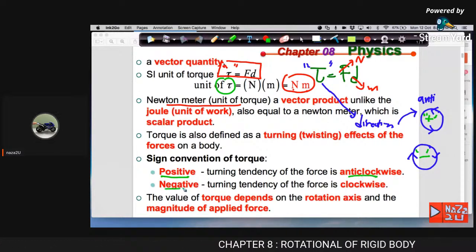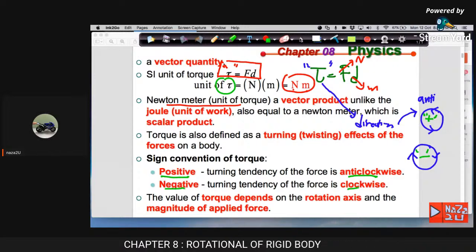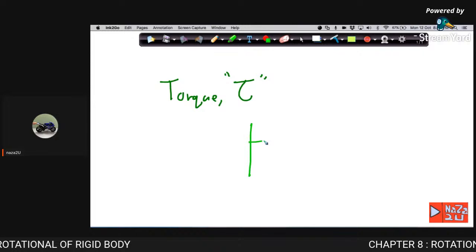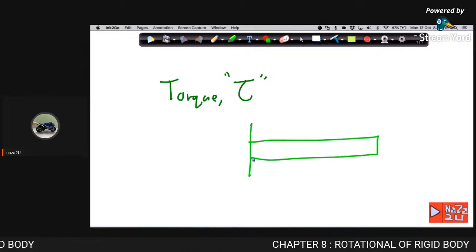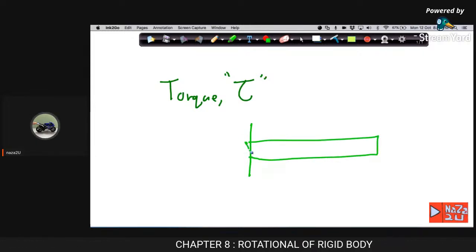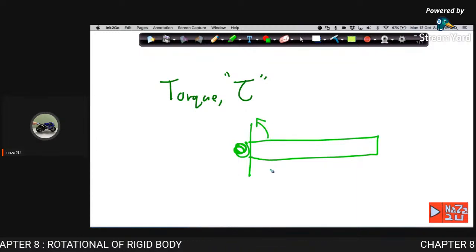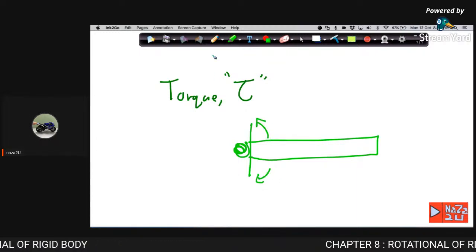For example, let's say we have a meter rule. This is a pivot point, so the ruler can move upward or downward, or rotate.